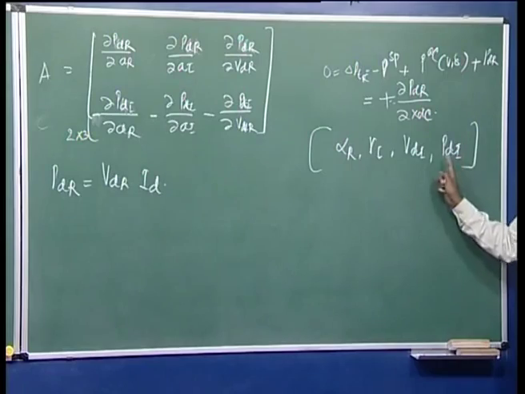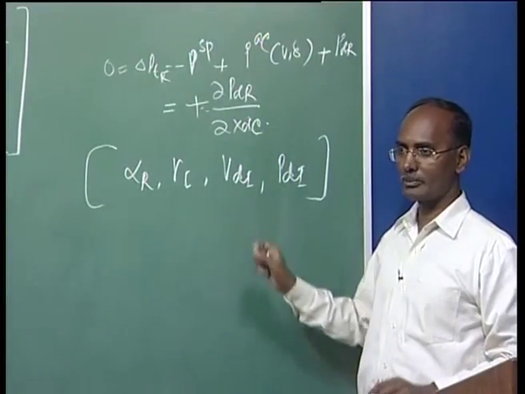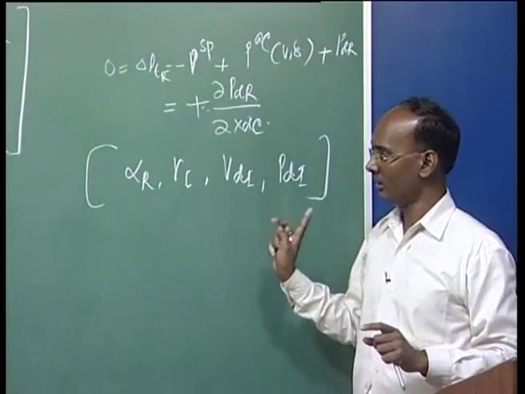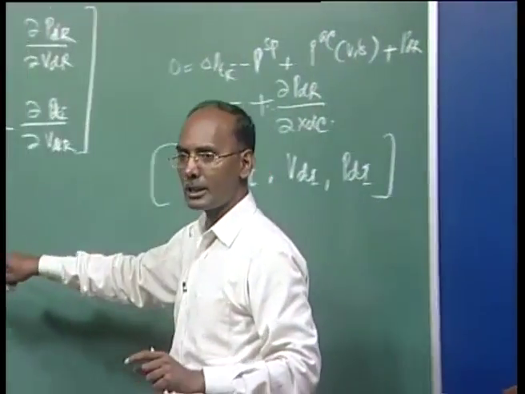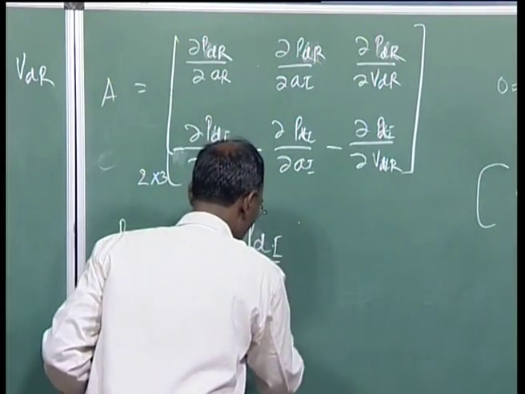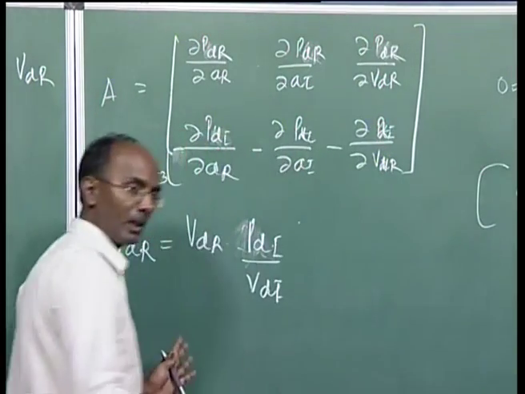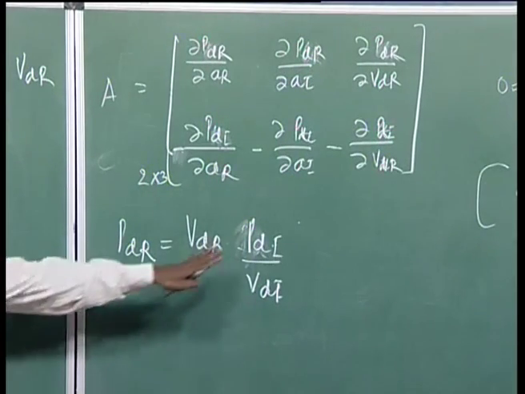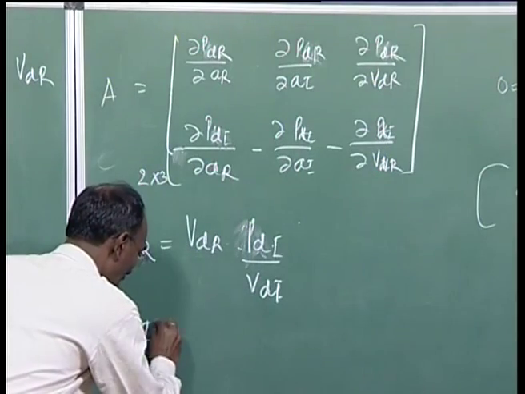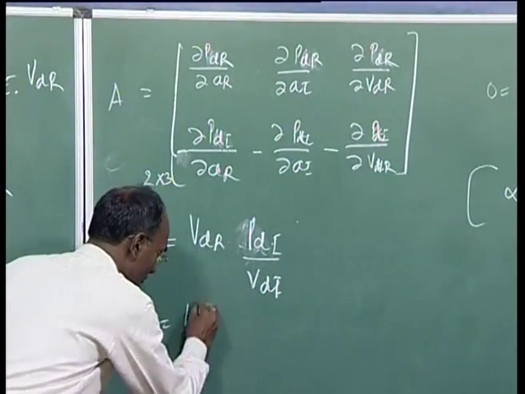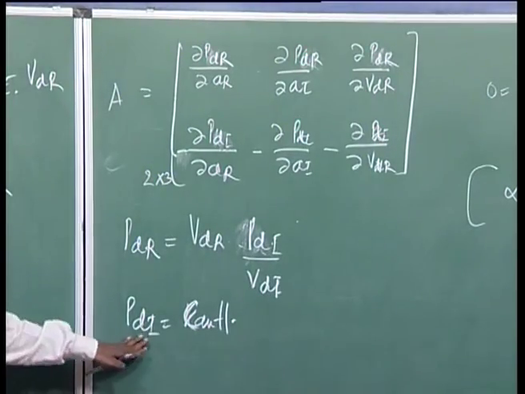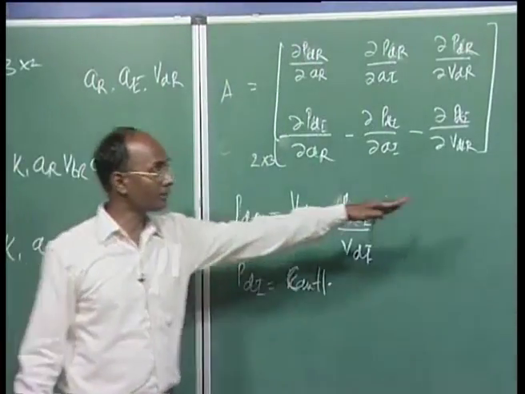So from here you are fixing these variables, which means your ID is constant. So it is independent of VDR now. Here ID is a constant, or you can write this as PDI divided by VDI. I have no problem, because these values are given to you. Now this PDI is a constant value, already specified.